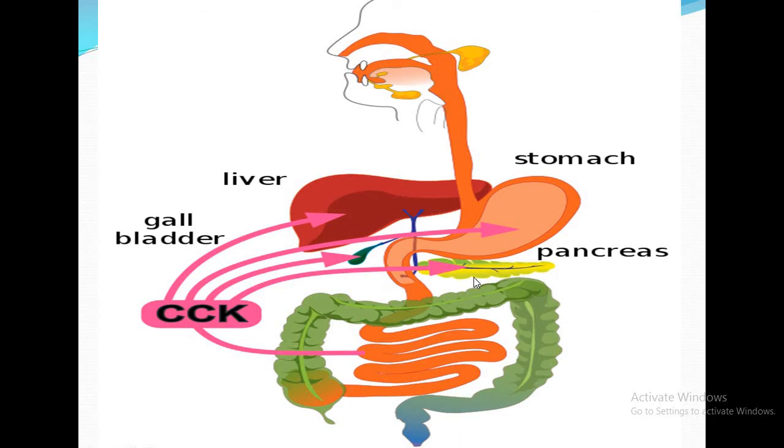This greenish yellow leaf-like structure is the pancreas, and the pancreatic duct also opens into the duodenum. So this is how the duodenum receives bile from the liver and pancreatic juice from the pancreas. Bile helps in the digestion of fats and the pancreatic juice helps in the digestion of different nutrients.